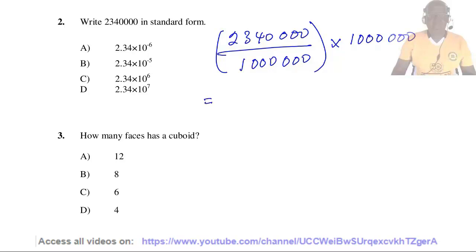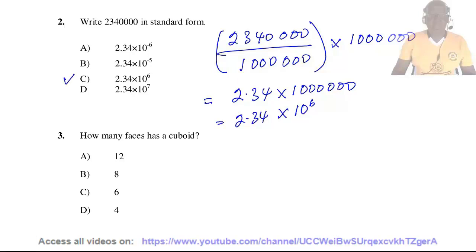This is equivalent to 2.34 times 1 with 6 zeros. And 1 with 6 zeros is the same as 10 raised to the power 6. And then 2.34. So the answer is C.